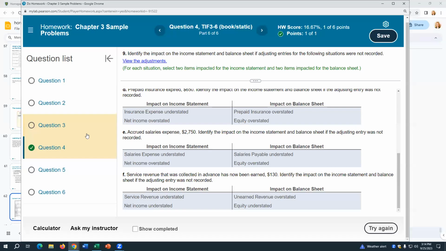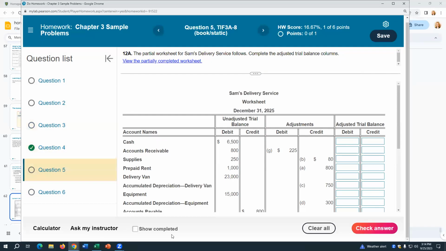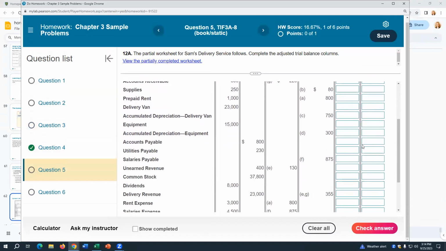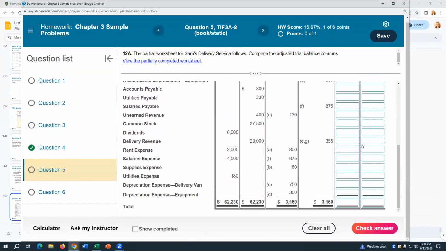Okay, that was the last one we had to do, right? For chapter 3? 5. Oh, I tried to do 5 before and everybody said, no, go do 4. Okay, we could do this one. You know, we just did one exactly like this. We don't need to do this one. We'll skip this one. All right. And if you want to do this one as practice, you can.